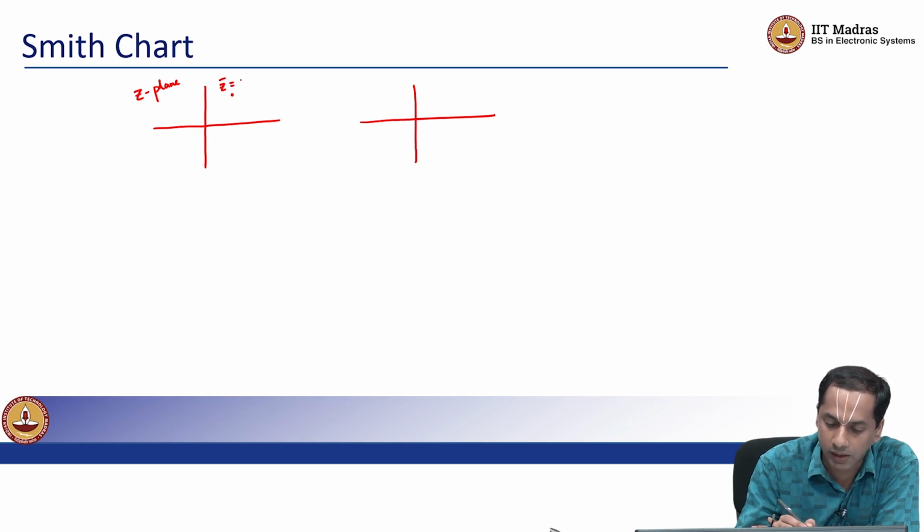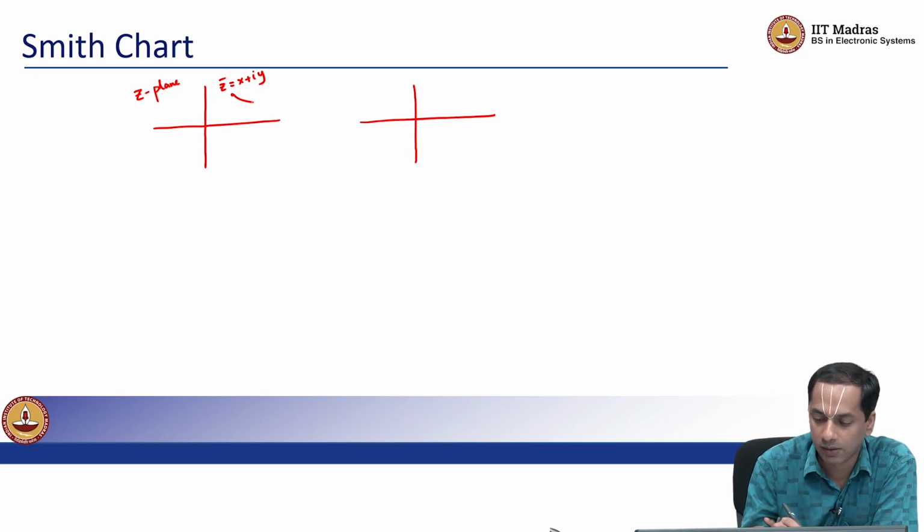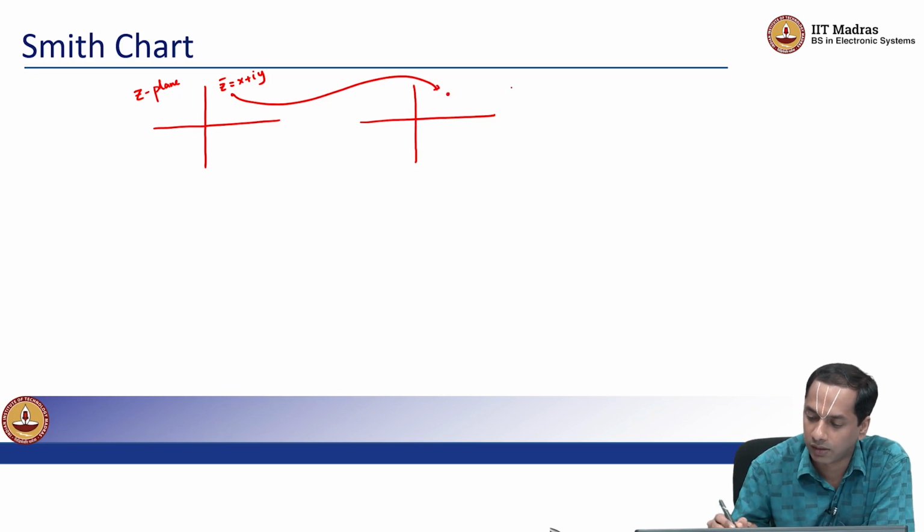So I'm going to take a point z bar, which is x plus iy, and then I'm going to map this to another point in the gamma plane.